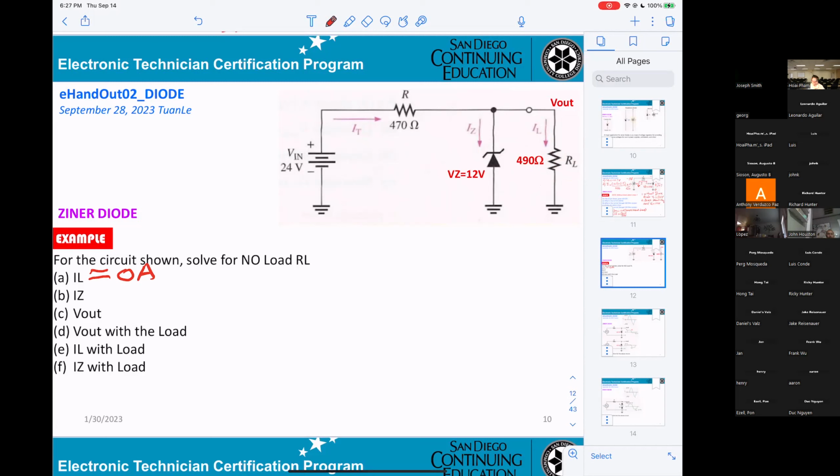Now, you get 24 volt input and you get Zener 12 volt. So the first thing we want to know is, is the Zener in breakdown, or open, or working normal? First step you have to do, remove the Zener.